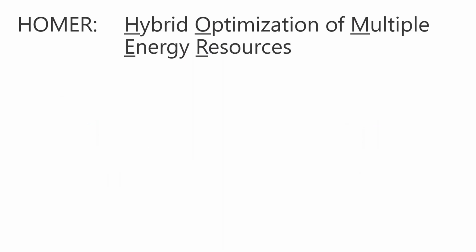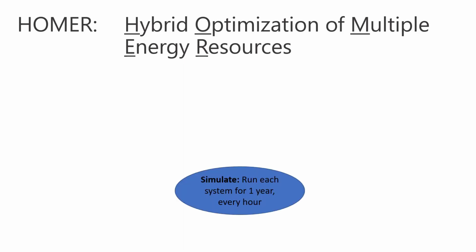HOMER is an acronym. Just to give a bit of background for those of you who don't know us, it stands for Hybrid Optimization of Multiple Energy Resources. What the two products do is, for a full year, they run every single time step, and there are different dispatch strategies that determine how the system should operate.